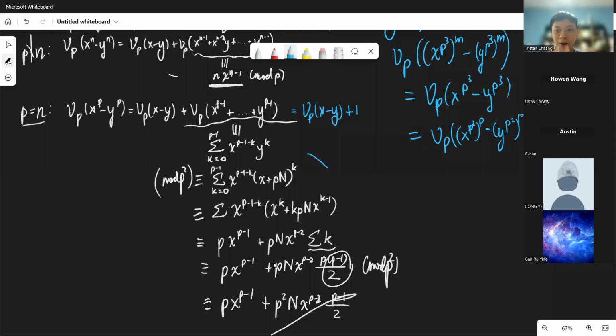But of course, we require that n be an odd positive integer so that we can do the factorization. Remember, x to the n plus y to the n is only factorable when n is an odd number. And if it is, you can just factorize and then do exactly the same thing as what we did here.